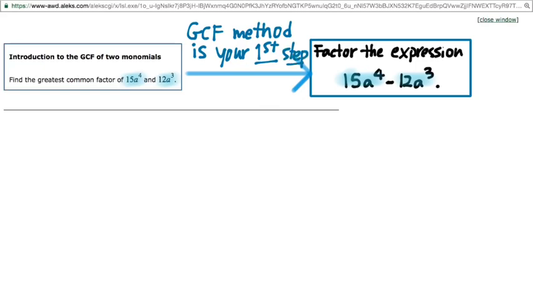So even later on, when we start moving toward more and more complicated expressions and more complicated ways of factoring, your general factoring strategy should always begin with what we're talking about today.